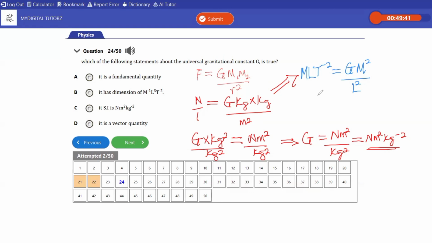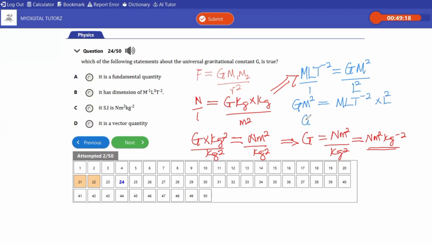Here I can just cross multiply the way I did before. If I cross multiply, I have G M squared equal to M L T minus 2 multiplied by L squared.